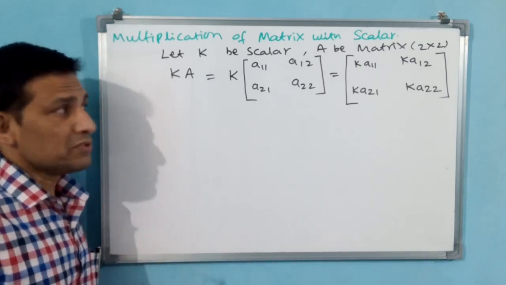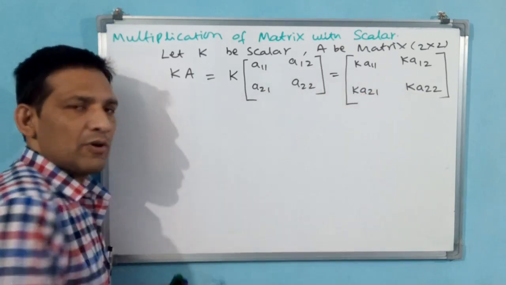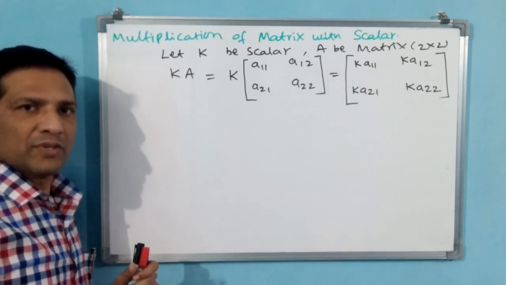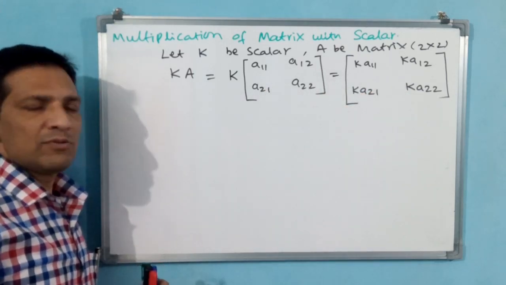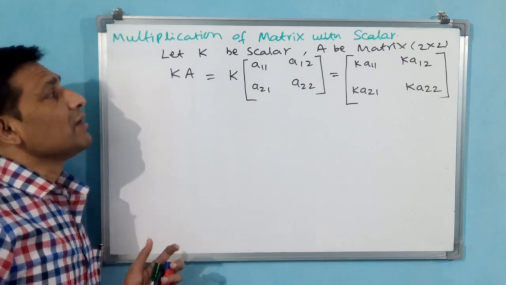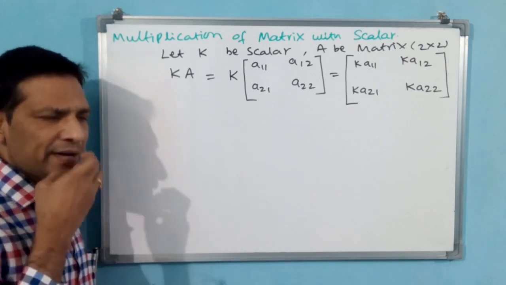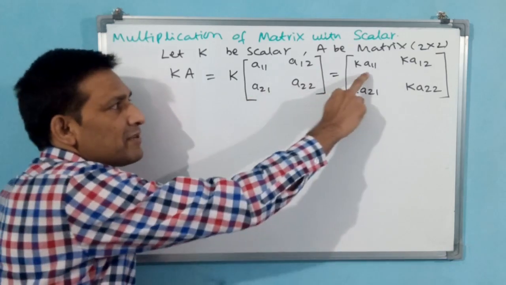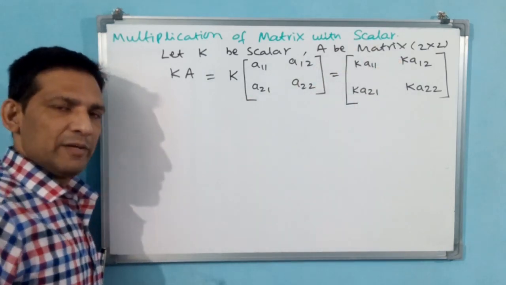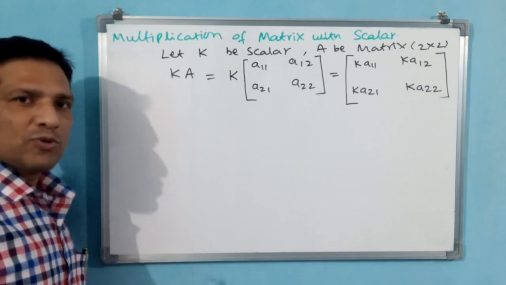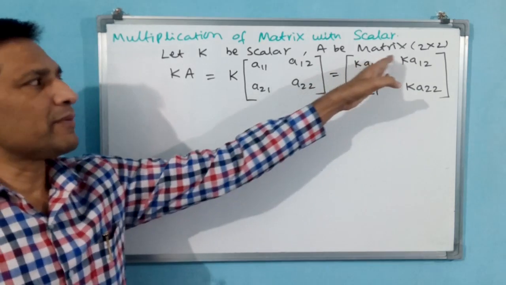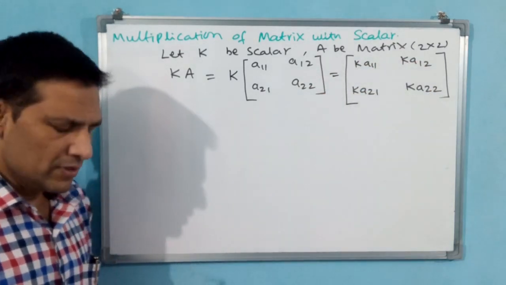If scalar is 0, then all zeros are going to come. If scalar value is negative 6 or negative 5 or negative 3, then all elements are multiplied with it. If scalar is positive 5, then multiply all elements with positive 5. Like that you have to think.